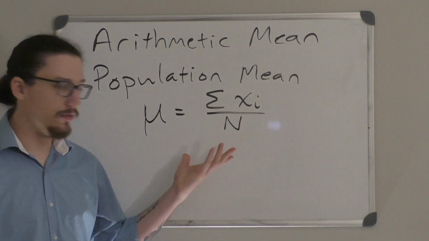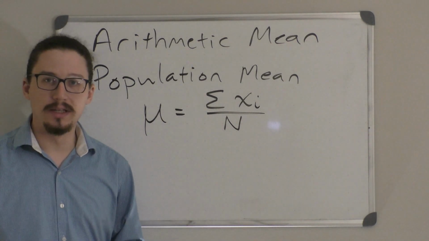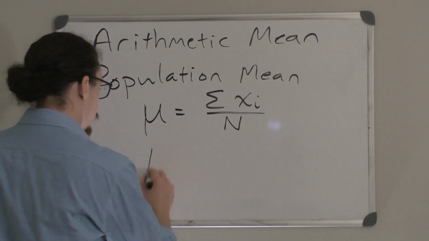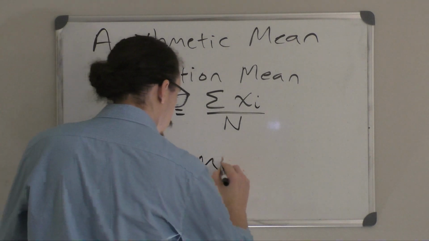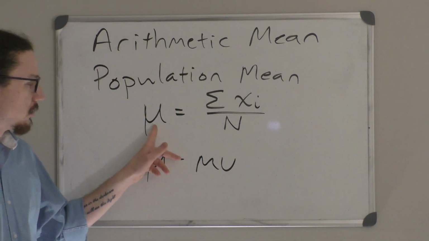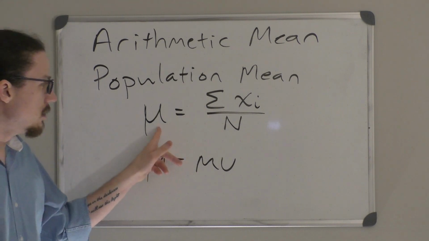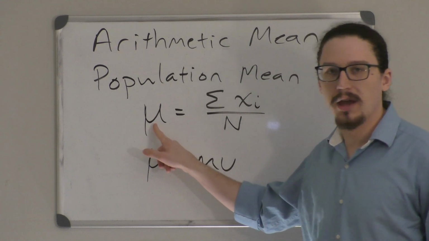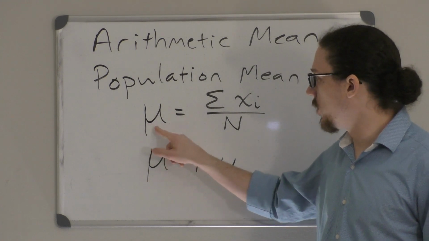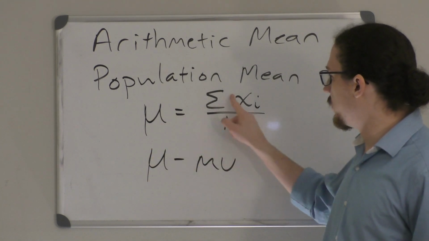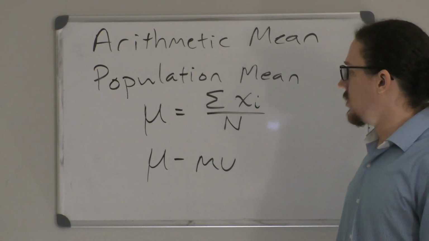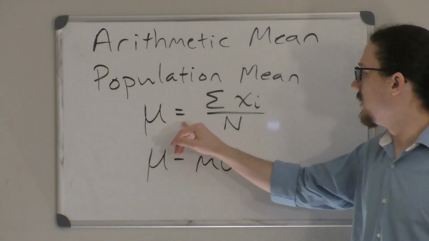And we're going to calculate, and really the formula for the population mean is as follows: mu, the Greek symbol mu. So again, this is a parameter, so we're going to be notating it with a Greek letter. So mu equals the sum of xi divided by capital N.